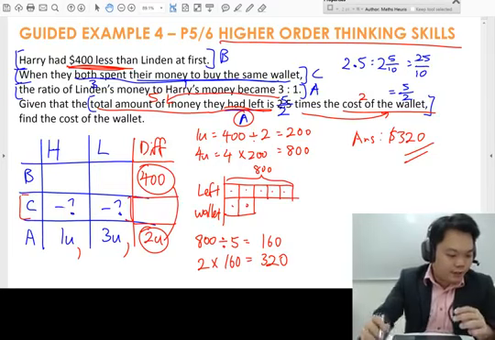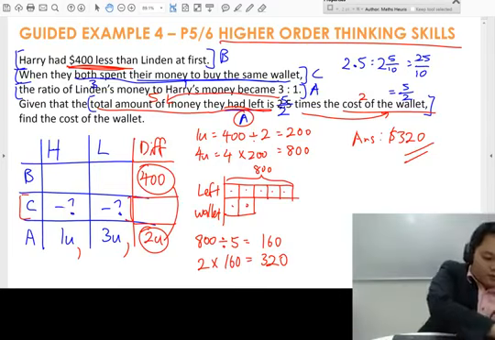Okay, did everyone get it? Yes, Sheila, 2 units is 400. Yes, yes, yes. Okay, if you got it, give yourself some likes.